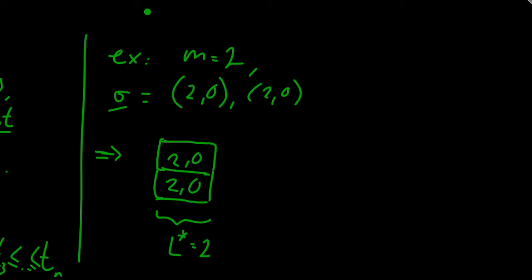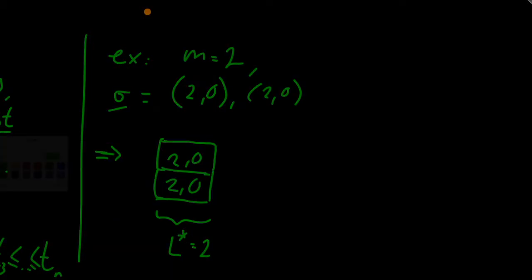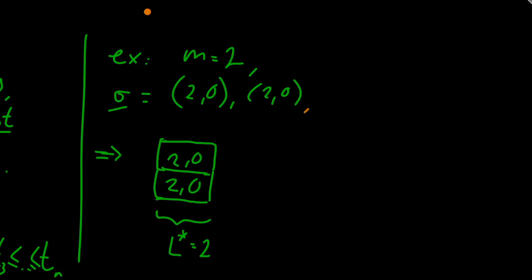But things change if there is another job like (3,1), which means that at this point in time a third job arrives and we cannot schedule it before both machines become idle.